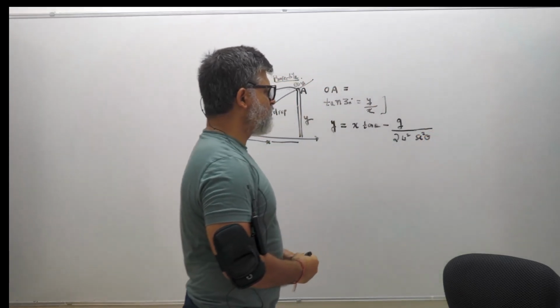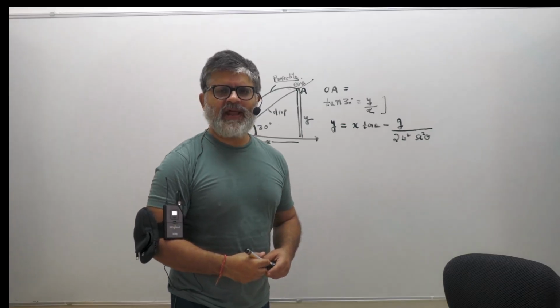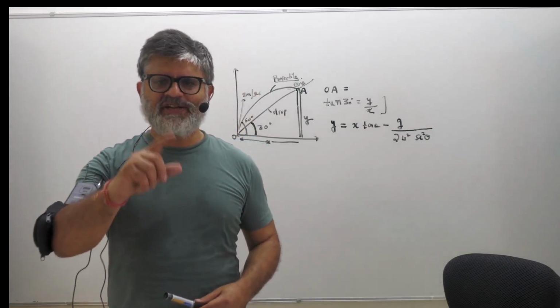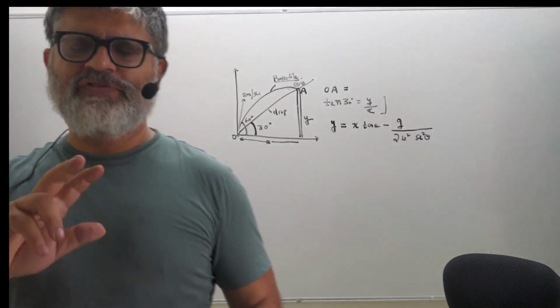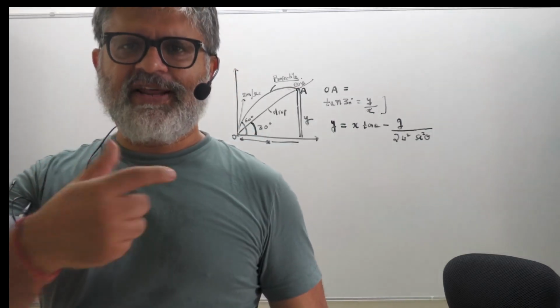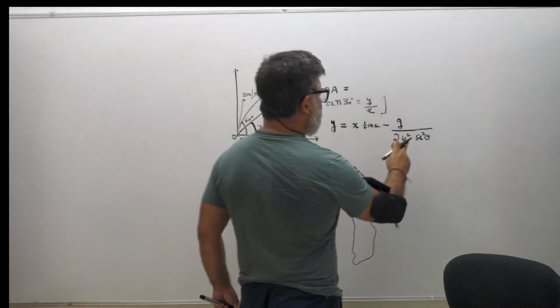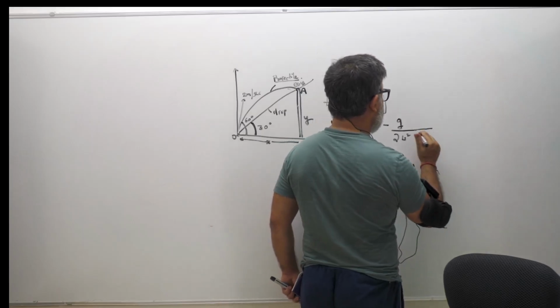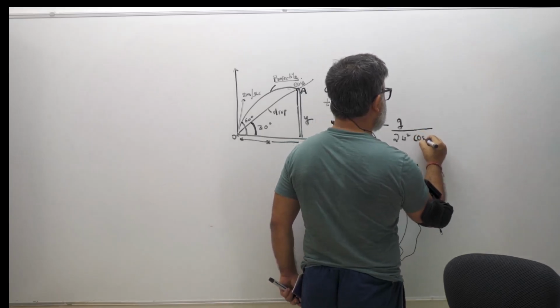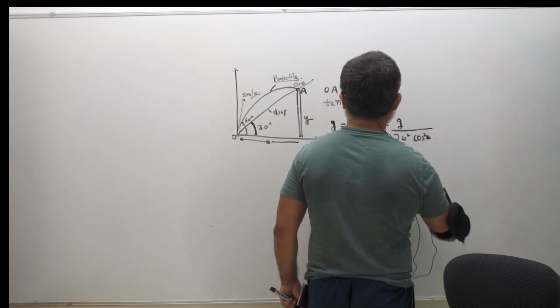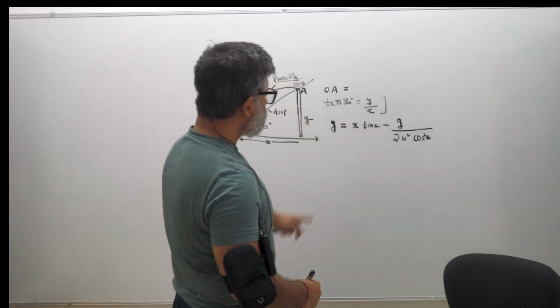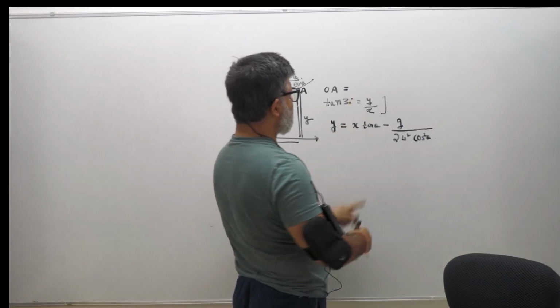So the next step is to write the equation of trajectory. Let me just confirm the formula of the equation of trajectory and I will write it and then we can pursue. I think this is likely to be 2 cos squared theta if I remember it correctly. Now we have another equation that connects y and x.